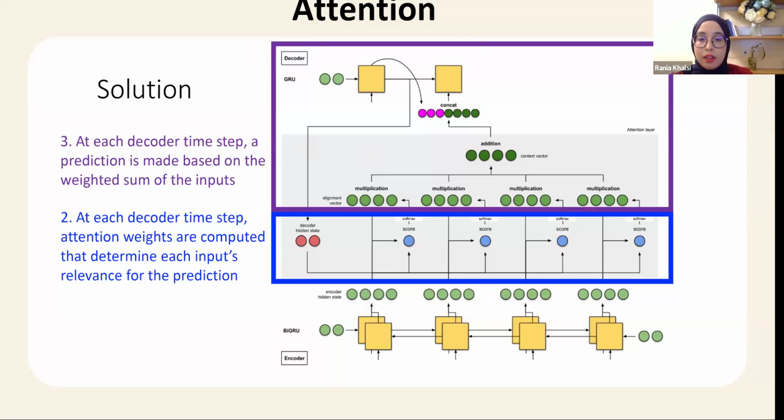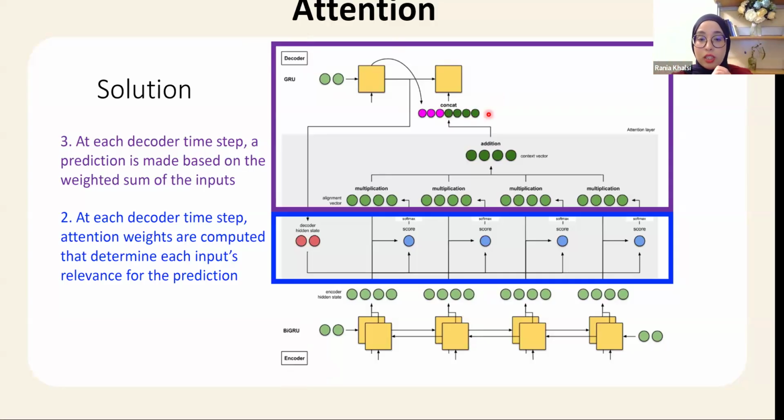By moving here, we move to the decoder part, while this is related to the encoder part. At the decoder level, the role of the decoder is to combine the weight information that we have been computing so far and generate the output.